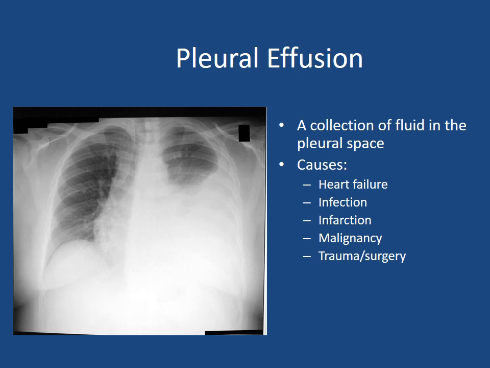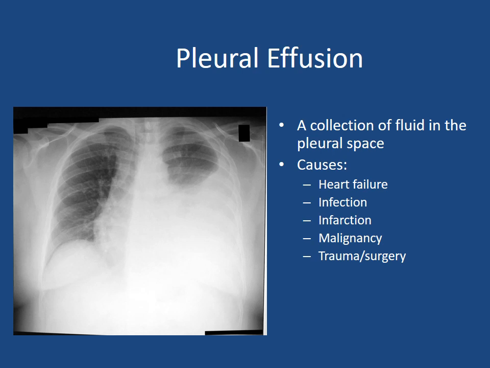And it can be due to a whole range of different causes. It can be due to patients who have heart failure. It can be due to infections, infarctions of the lungs, malignancies, or it can also be due to trauma or surgery.